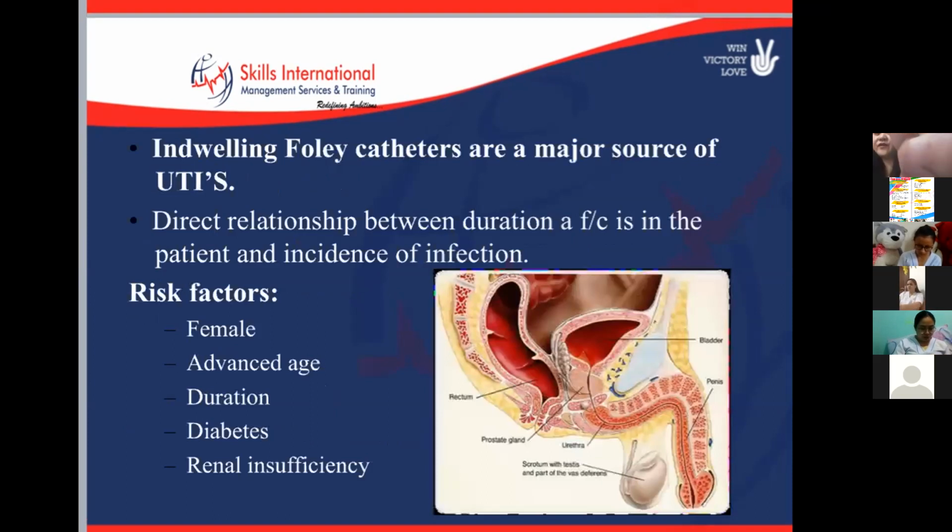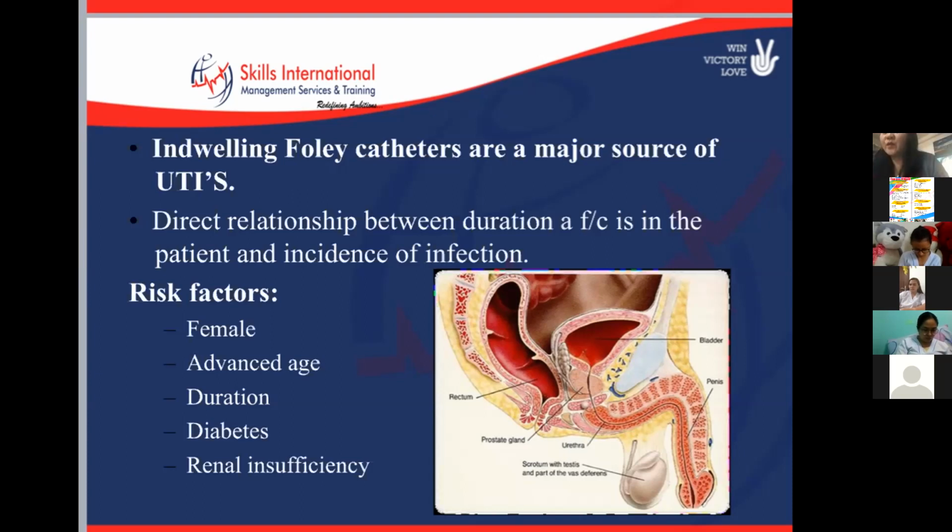Indwelling Foley catheters are the major source of UTI. Relationship between the duration of Foley catheter in the patient and incidence of infection: usually the affected one is the female with advanced age, meaning to say, may edad na, nagkakaedad na, and the duration, how long it will be, and the patient's present condition, like for example, diabetes or renal insufficiency.